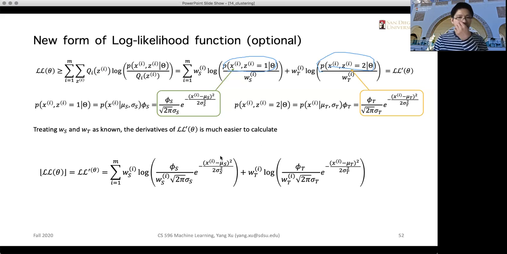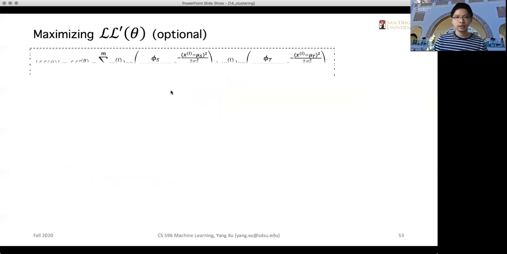So what we can do is take the derivatives of this log likelihood prime and set all the derivatives to 0 so that the maximum point is computed. And those maximum points will also maximize the original log likelihood. All right, now let's proceed to the next one.